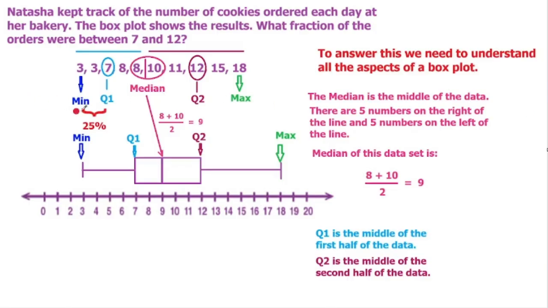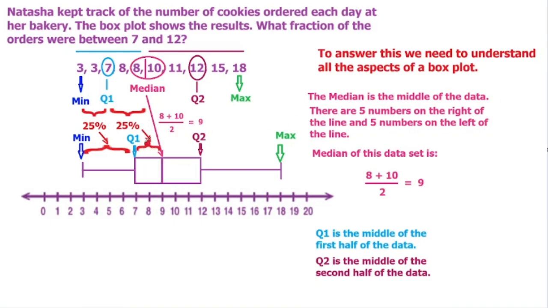So from the minimum to Q1, that's 25% of the data, okay? Then we could see that here. This is 25% of the data. Then this is the next 25% of the data. And that corresponds to this amount here.